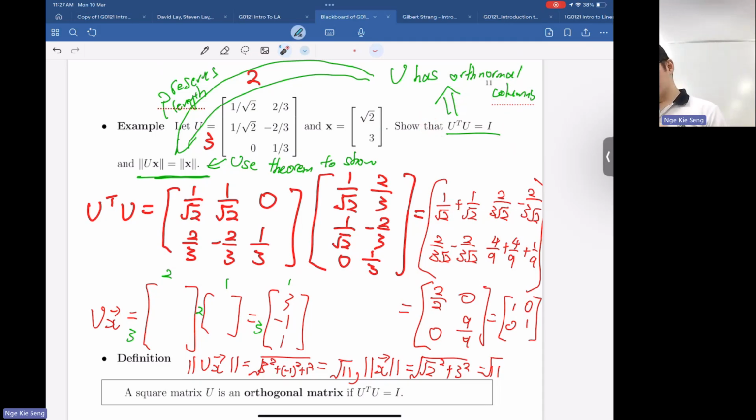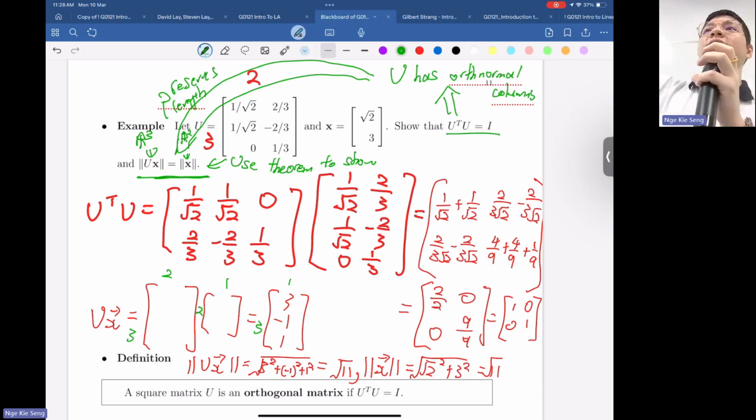Another thing I want you to appreciate is where Ux lives. Ux lives in which Rn? R3, but x is in R2. So actually you are comparing two vectors in different spaces. One is in R3, one is in R2, but they have the same length.